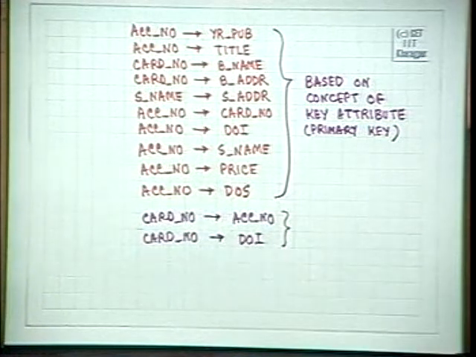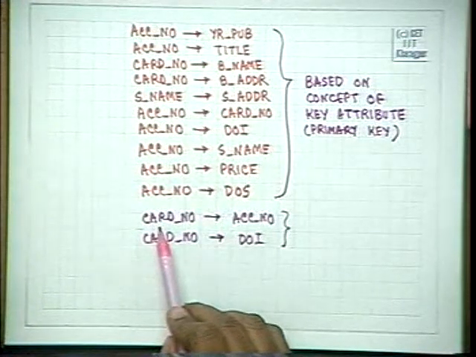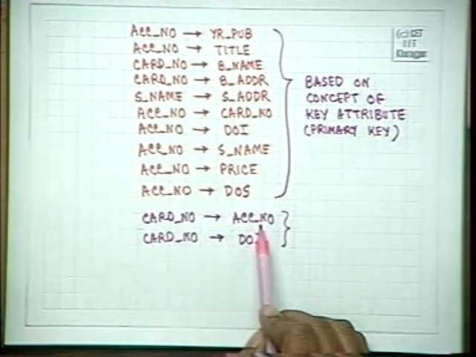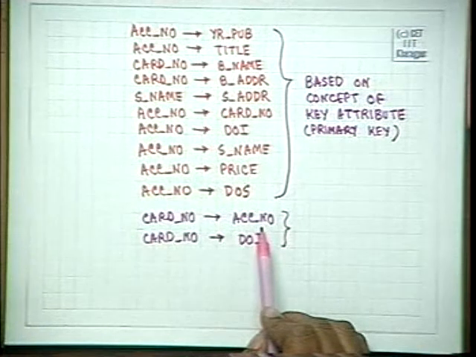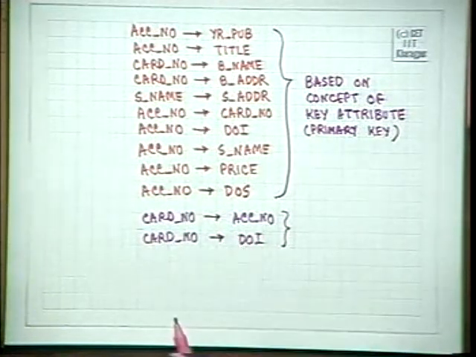These constraints we have introduced say that whenever we have got card number to be same in any particular relation, then the two tuples must have same accession number. If two tuples have got the same card number, they must have the same date of issue.